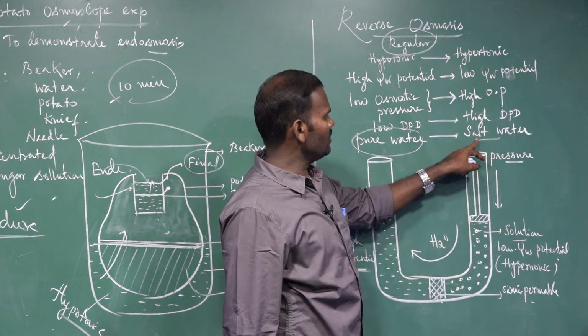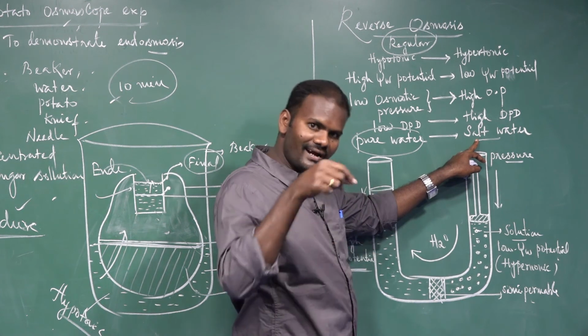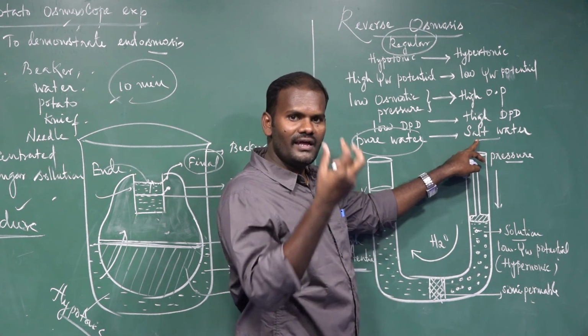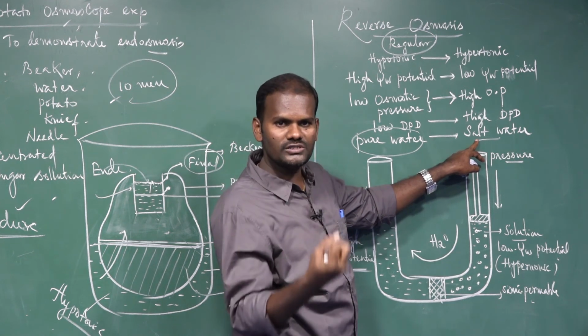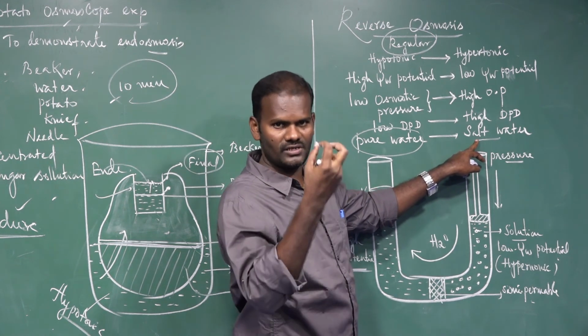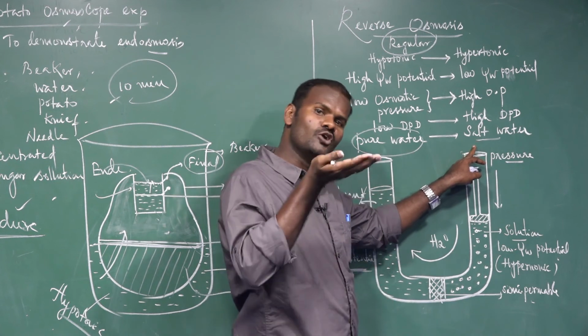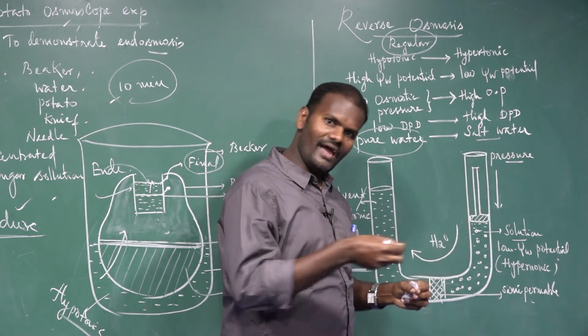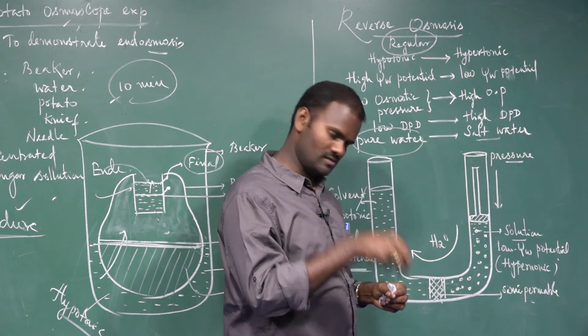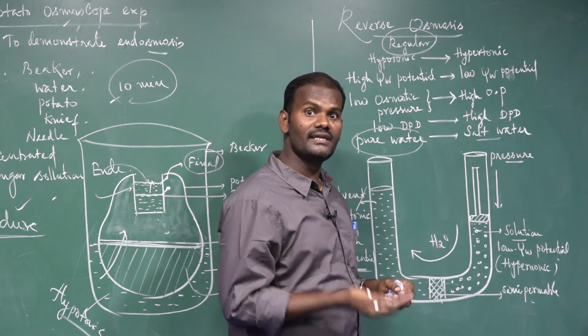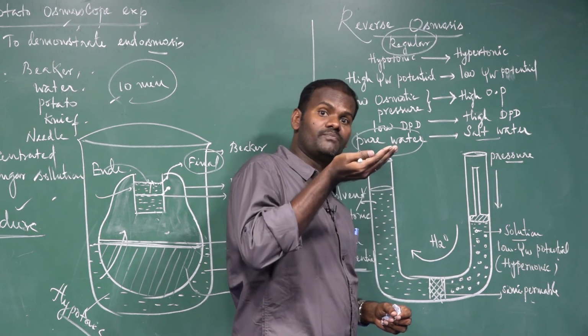If any solute particles are added to the pure solvent, it reduces the free energy of the molecules, that reduces the water potential and increases the solute potential. If we add some more sugar particles or solute particles to the solvent, what will happen? That increases the osmotic pressure.